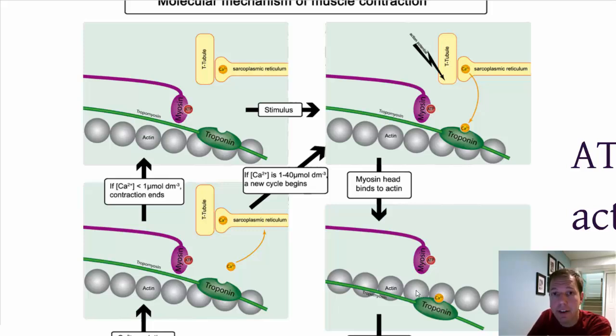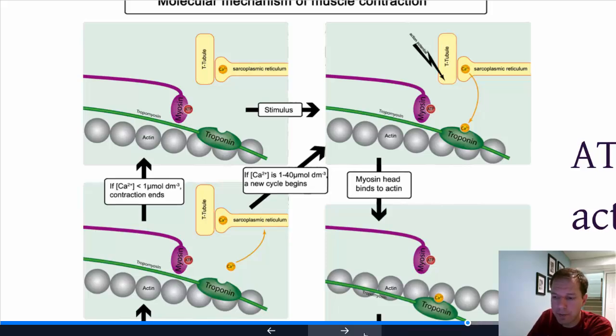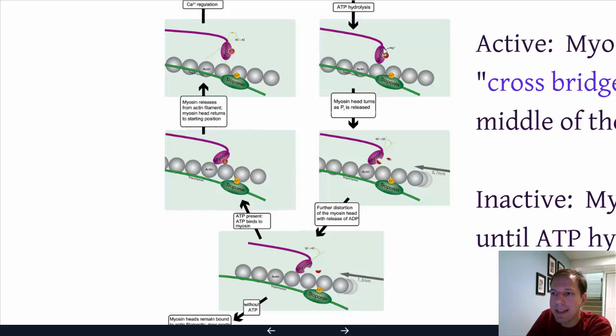Actin is the thin filament, which is parallel to myosin, the thick filament. Myosin has a molecule of ATP bound to it, and it is strongly attracted to actin. So as soon as it has the opportunity, myosin is going to bind there to the actin. At this point, once myosin and actin are bound, we're going to initiate something called the power stroke.